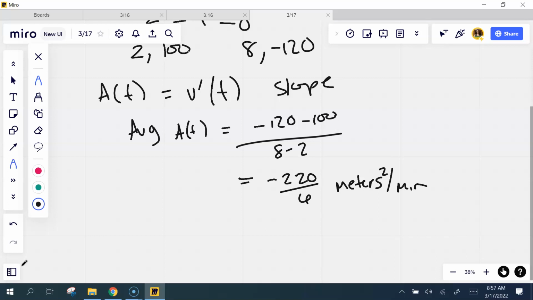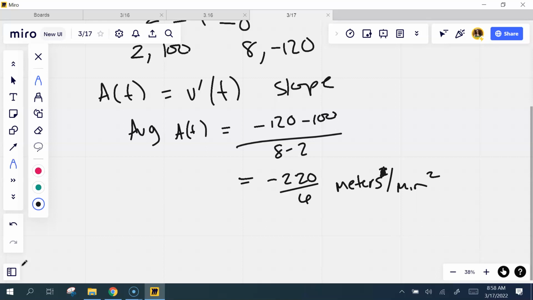Their answer was negative 110 over 3 meters per minute. Oh, meters per minute squared, sorry. It's minutes squared, because it's meters per minute. So you start with meters and then you go per minute, and then you do meters per minute per minute. If you did it again, it'd be meters per minute per minute per minute.